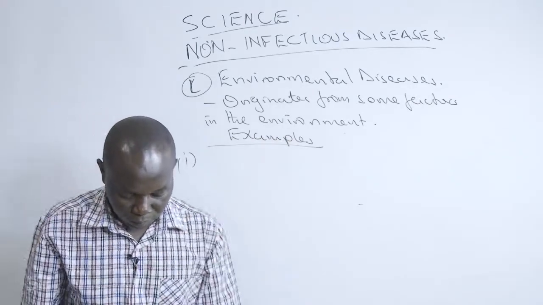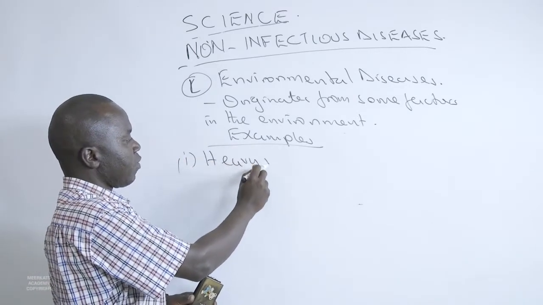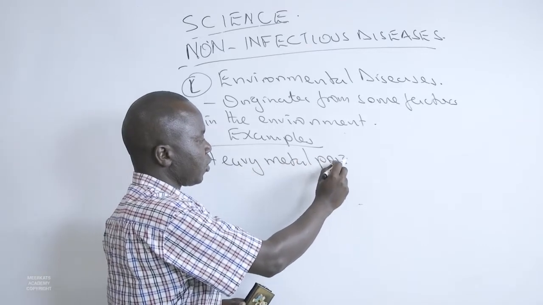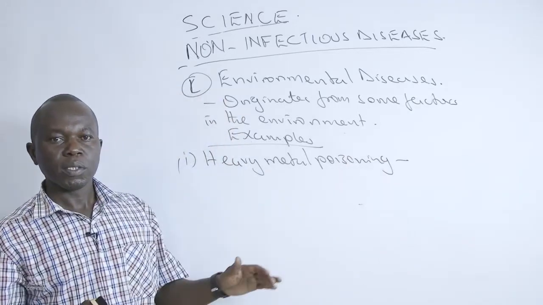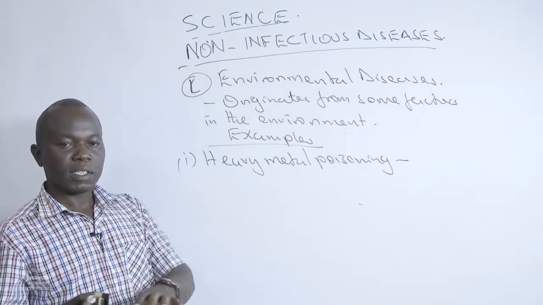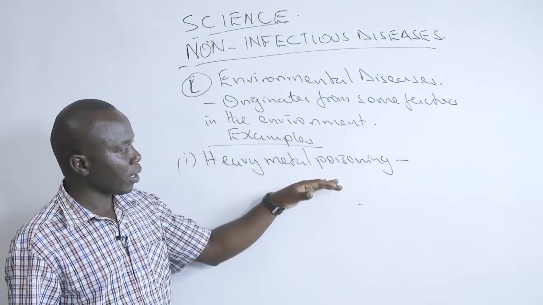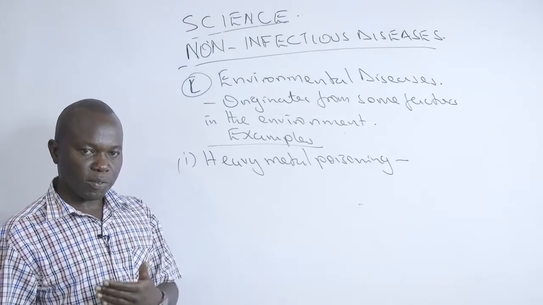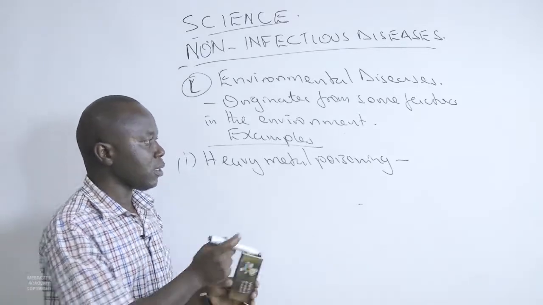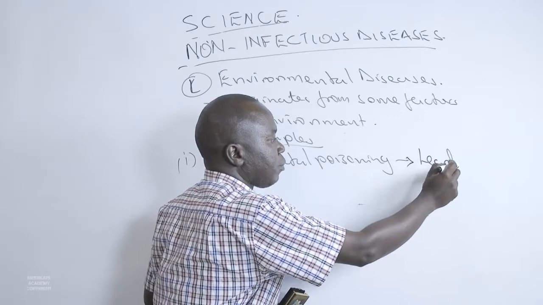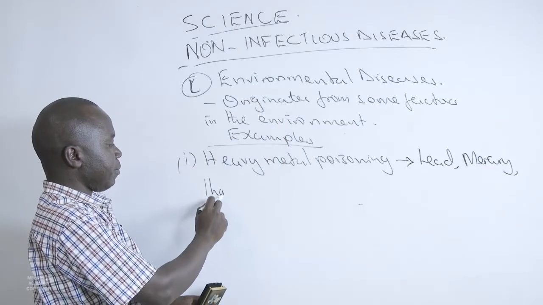Like one, if there is heavy metal poisoning, maybe due to presence of lead, if there is an industry or a factory around you or around your home that usually manufactures lead accumulators, some of the raw waste that is released into the sewerage system contains substances like lead, mercury, thallium.